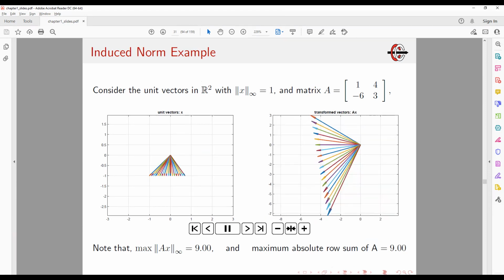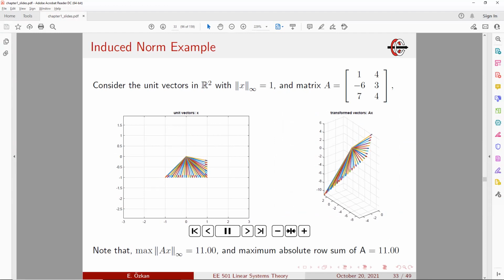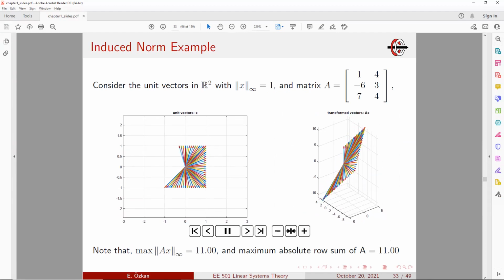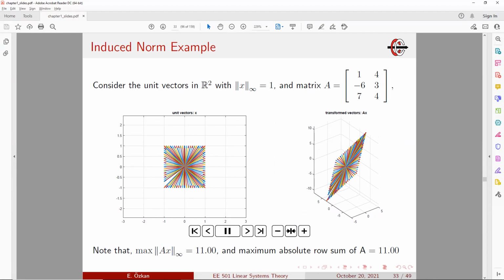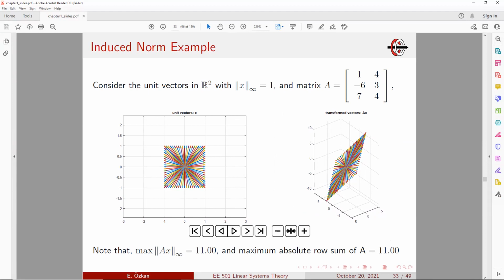Since it's 2:30 already, we can continue our example. This times this is a 3 by 2 matrix, so we get 2 by 1 vectors multiplied by a 3 by 2 matrix, and we will end up with 3 by 1 vectors.